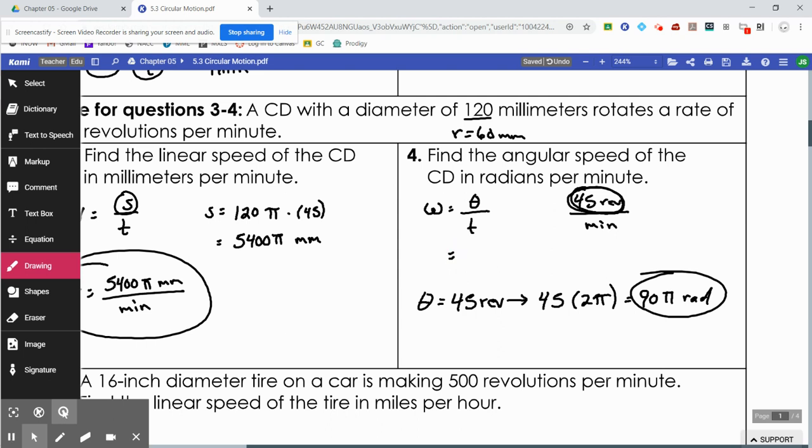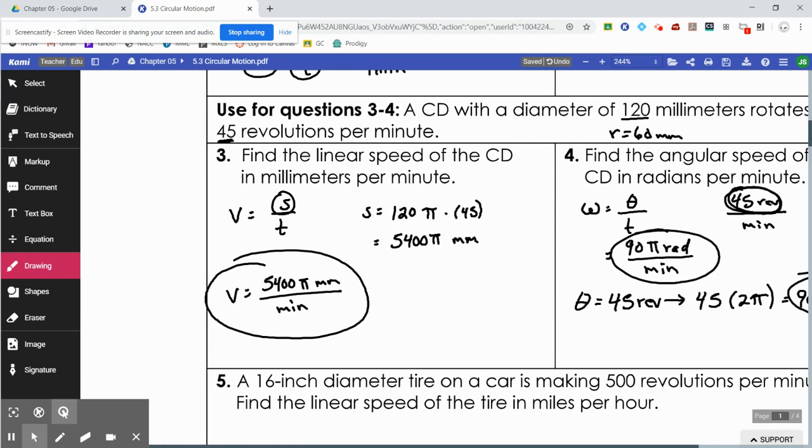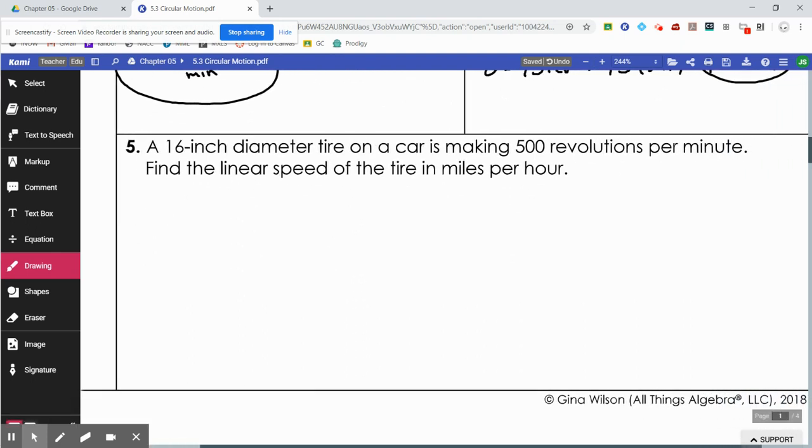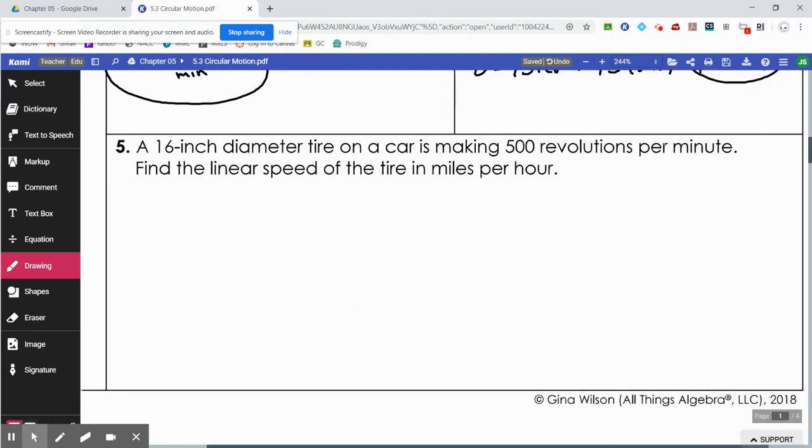So therefore our angular velocity is 90 pi radians per minute. I want to share with you that this 45 revolutions per minute is an angular velocity. However, the angle is given in revolutions instead of radians. That's the only difference.